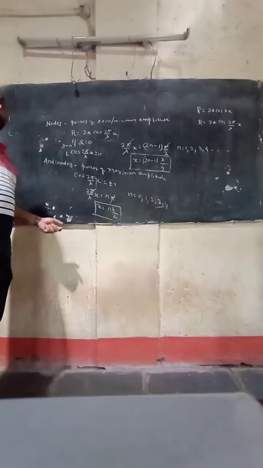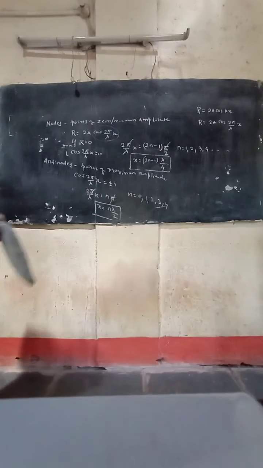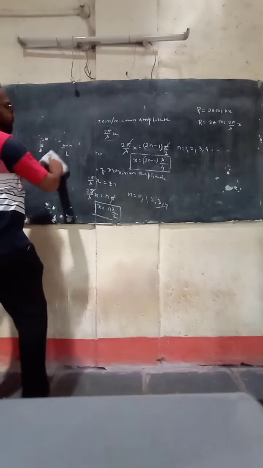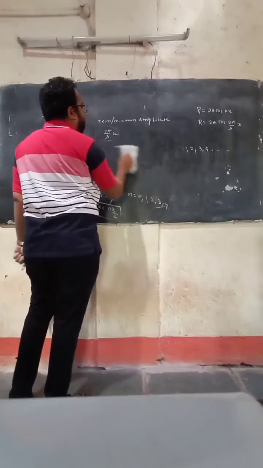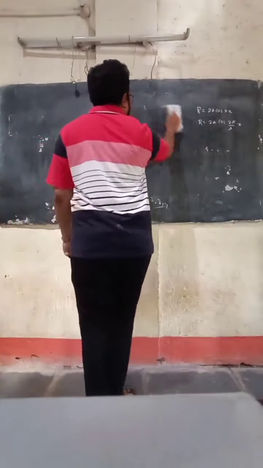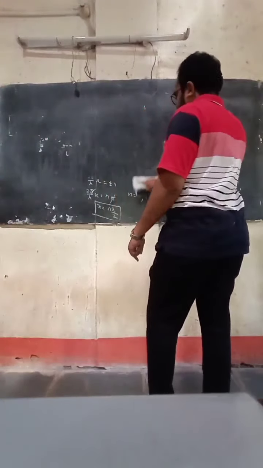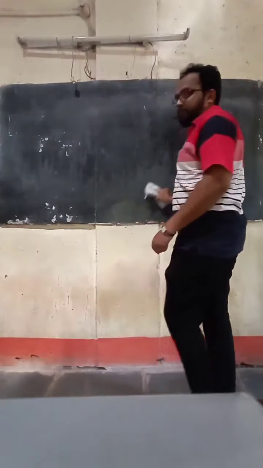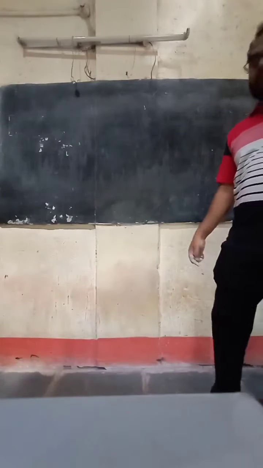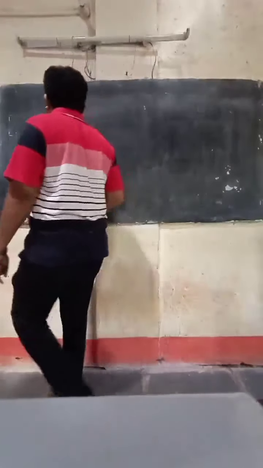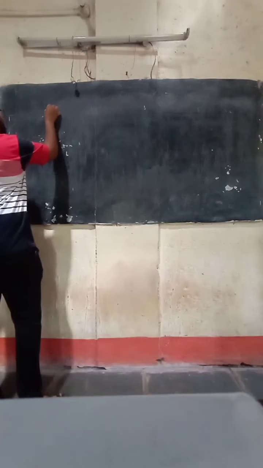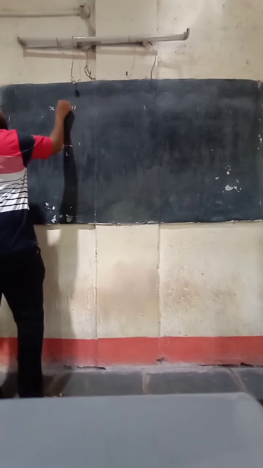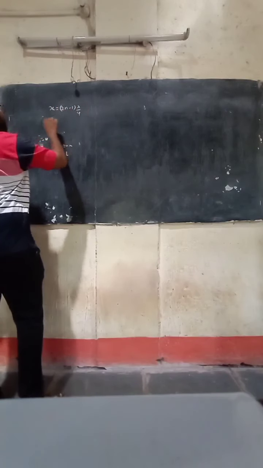So these are the conditions of nodes and antinodes. मग आता बघूया, आता पाहिलं आपण की नोड्स कुठे येणार आहेत. x is equal to 2n minus 1 into lambda by 4.